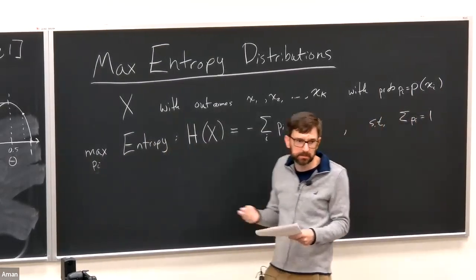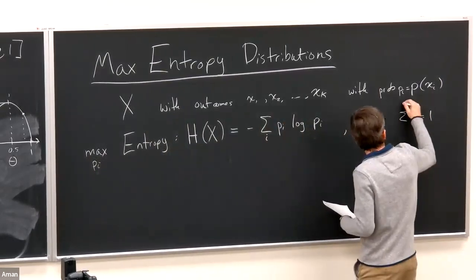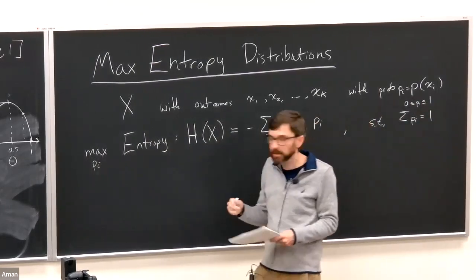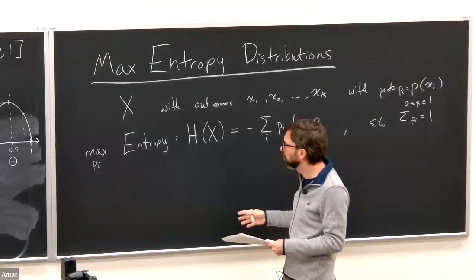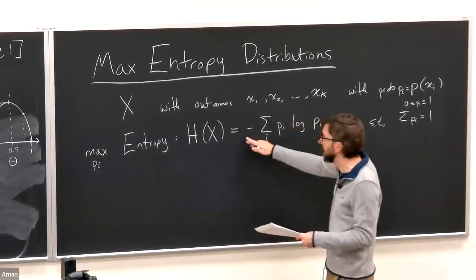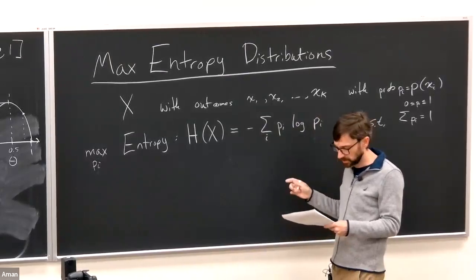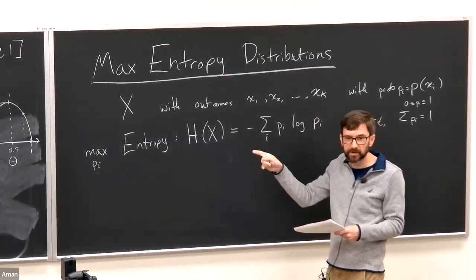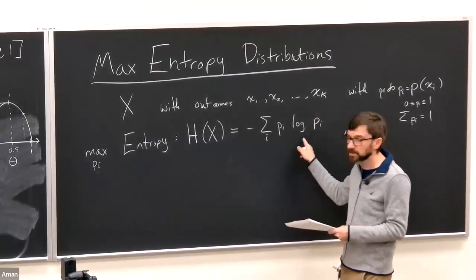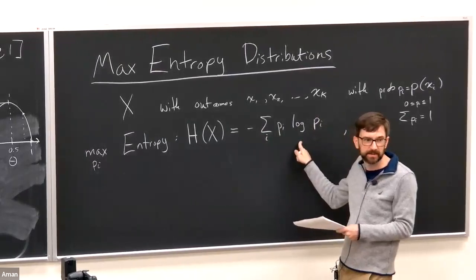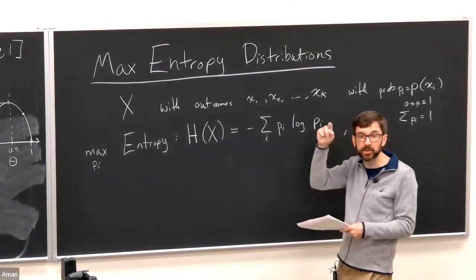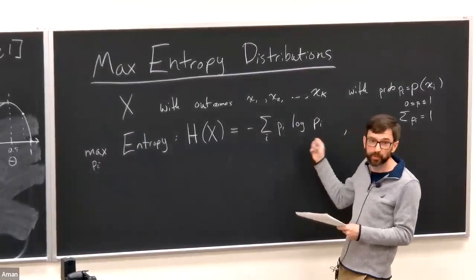So all these p_i's have to be between 0 and 1, and they have to sum up to 1. Other than that, I want to maximize this quantity. Who can guess, based off of our first binary example, what distribution we're going to find maximizes this? Someone said it: uniform. Yeah, uniform, that's right. So uniform is the answer.